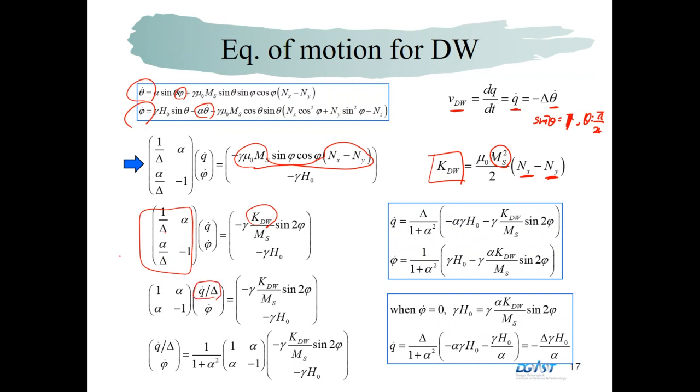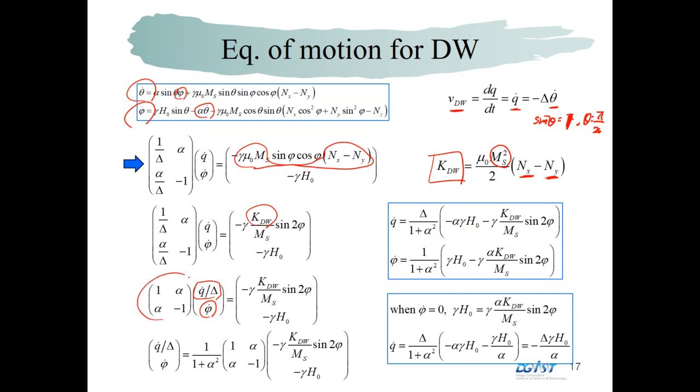Okay. And this matrix term we may rewrite by taking the delta to here, because q dot is the dimension of meter per sec, the velocity. But if we divide by delta, they give a 1 over sec unit. So it's the same as the phi dot unit. So it's kind of frequency dimension.